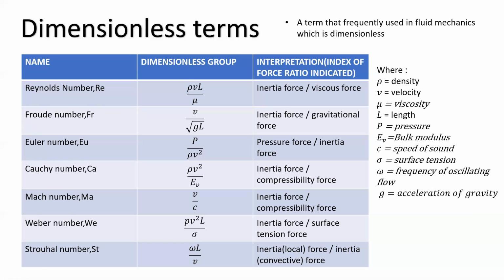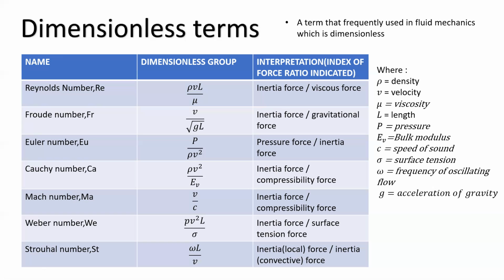Next, we have the Mach number, Ma. The dimensionless group is V over c, which is velocity over c, where c is the speed of sound. The interpretation is inertial force over compressibility force, which is the same as the Cauchy number. The second last one is the Weber number, We.